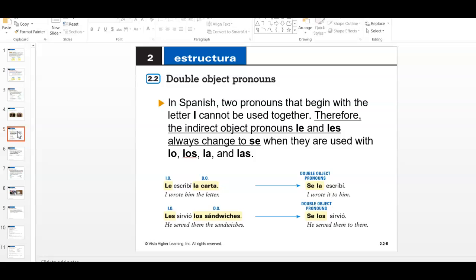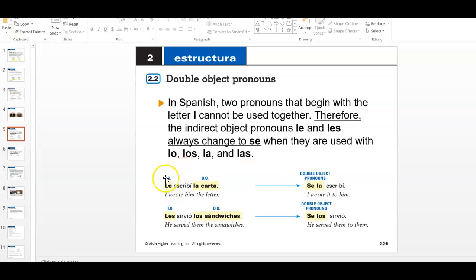Okay, so here we go again. In Spanish, two pronouns that begin with the letter L cannot be used together. Therefore, the indirect object pronouns le and les always change to se when they are used with lo, los, la, and las. So if I have le as my indirect object pronoun, talking about him, I cannot use that over here.